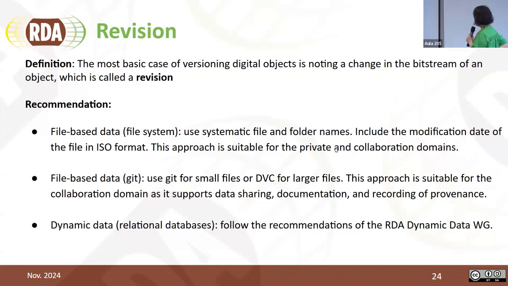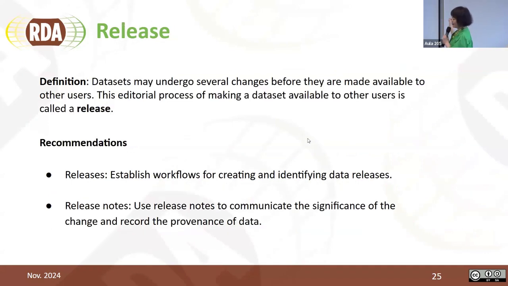So for each of these recommendations, there are at least one or more examples in the recommendation document. But let's move on to the next recommendation. Data changes all the time, so revision happens all the time. Some revisions may not make it to public, but some will be made public.